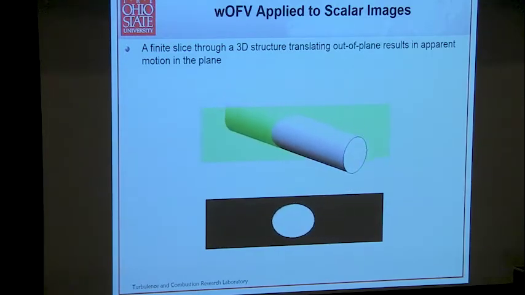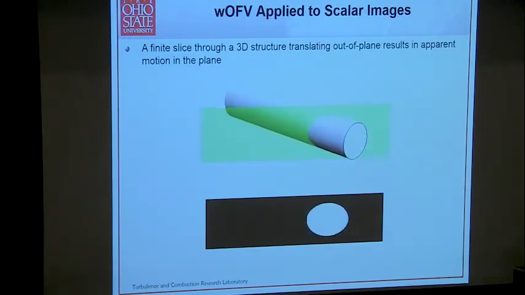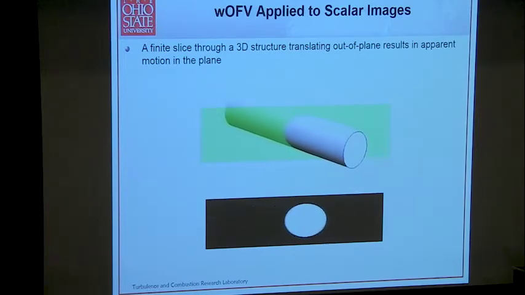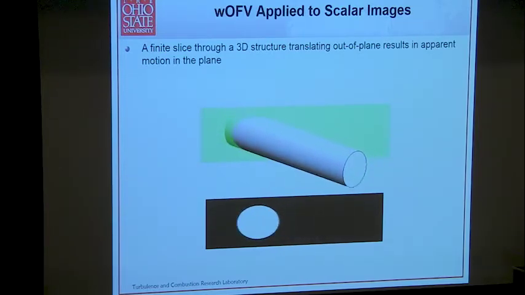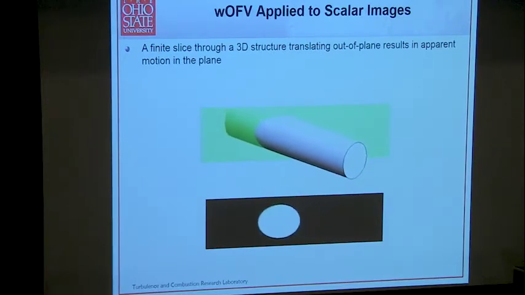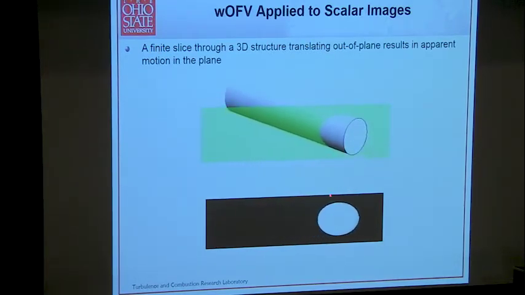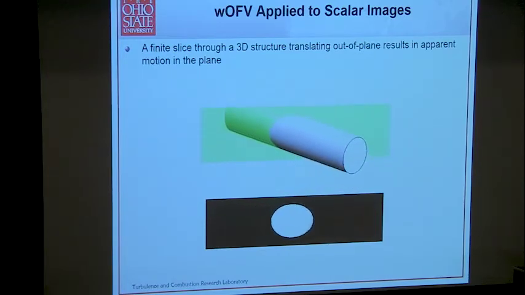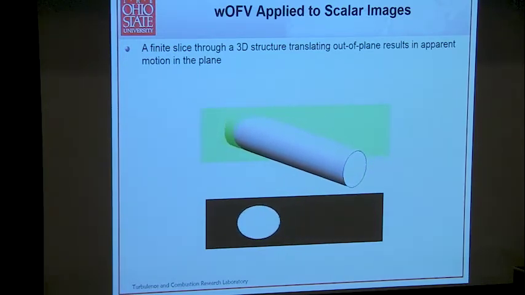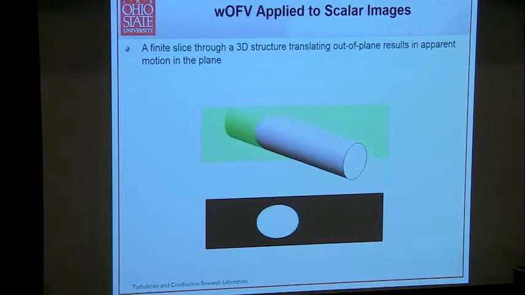The algorithm is going to have a little more trouble figuring out which way the structure is moving. You can identify this again: let's say we have a 3D structure translating in and out of a laser sheet. We have the cylinder, and we get apparent motion. So we don't really know what's happening there.